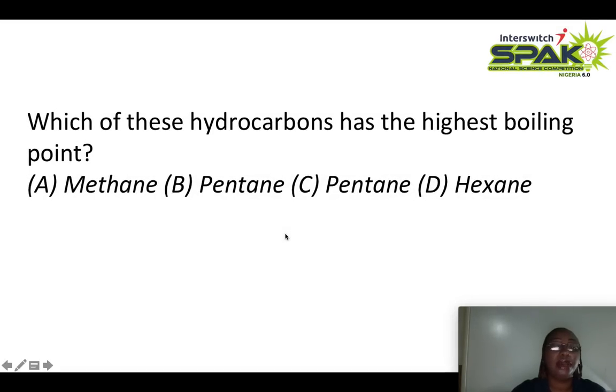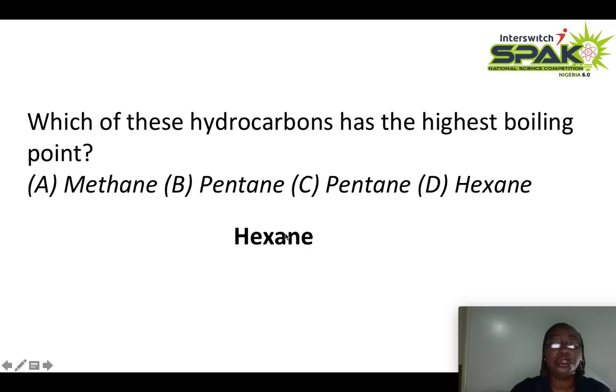Which of these hydrocarbons has the highest boiling point? Your answer? Ethane. Yes, ethane has the highest boiling point. And why does it have the highest boiling point?